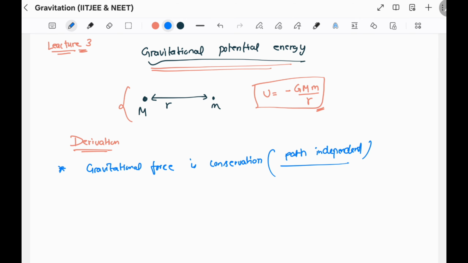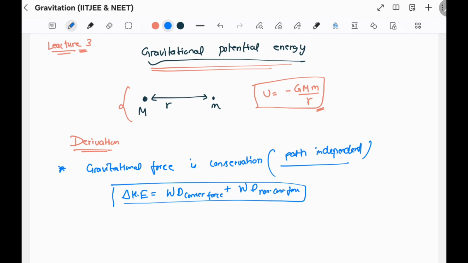And through the work energy theorem, if you remember, the total change in kinetic energy is nothing but work done by conservative forces plus work done by non-conservative forces. This is our work energy theorem.